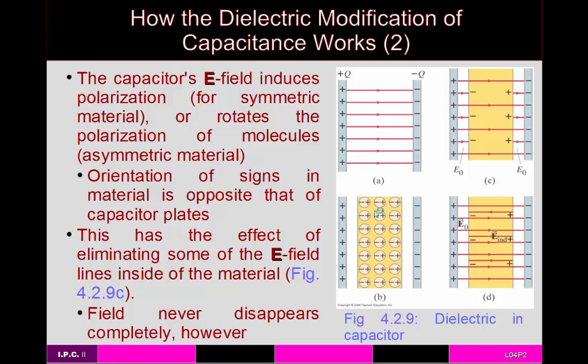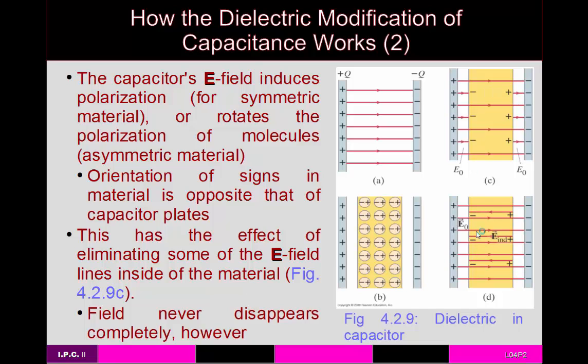Like water, for example, everything will rotate. And the orientation of the signs of everything within the material is going to be opposite that of the signs on the capacitor plates. And so what this does is it has the effect of eliminating some of the E field lines inside of the material.